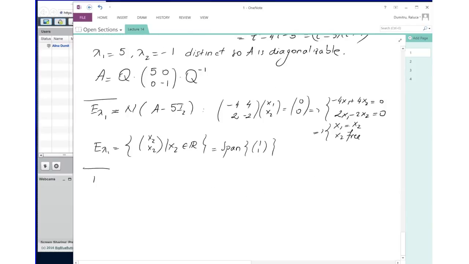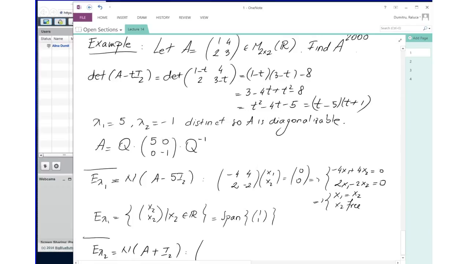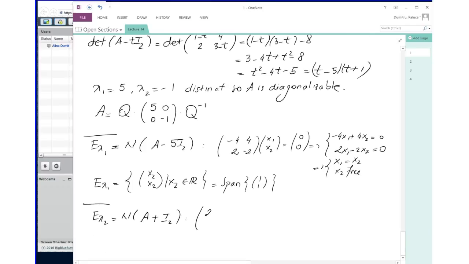Okay, let's look at E lambda 2. A minus -1 identity, so A plus identity. It's A plus I, so 2, 4, 2, 4. So you get x1 plus 2x2 equals 0.